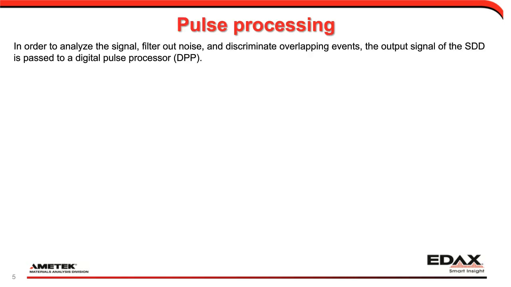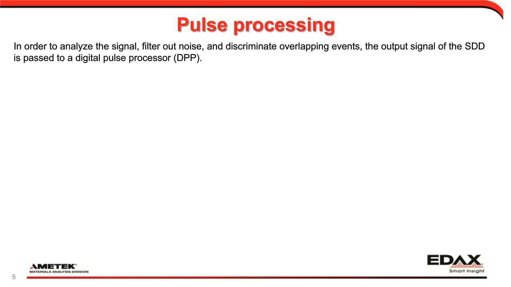In order to analyze the signal, assign it to the right energy, and discriminate overlapping events and things like that, we take this voltage output and feed it into our digital pulse processor, or DPP.